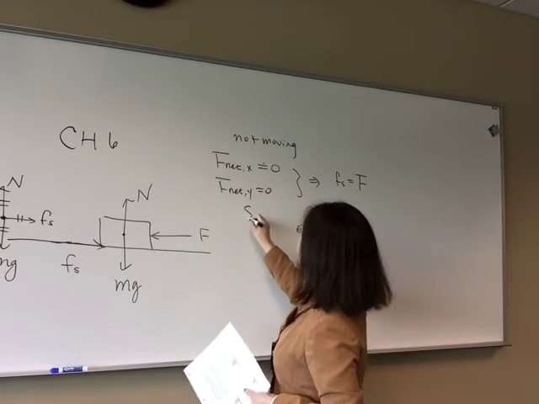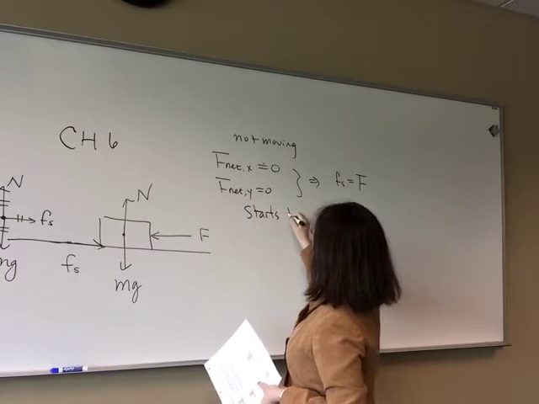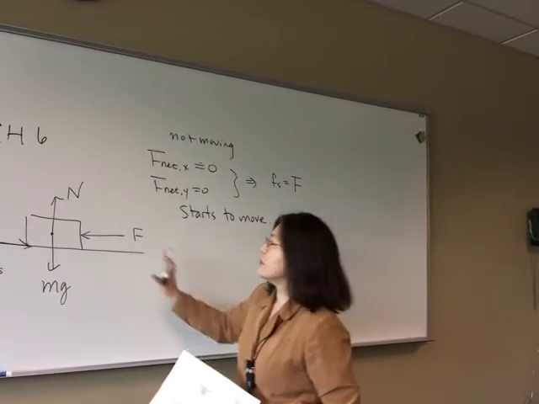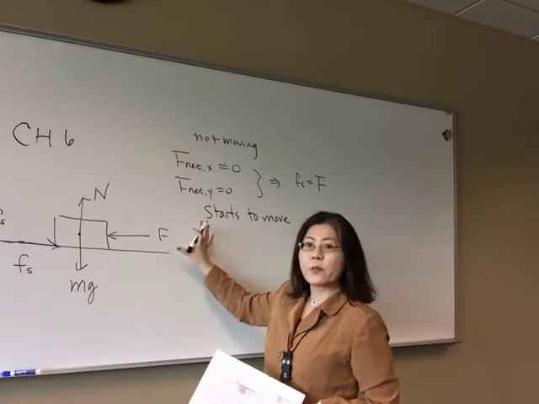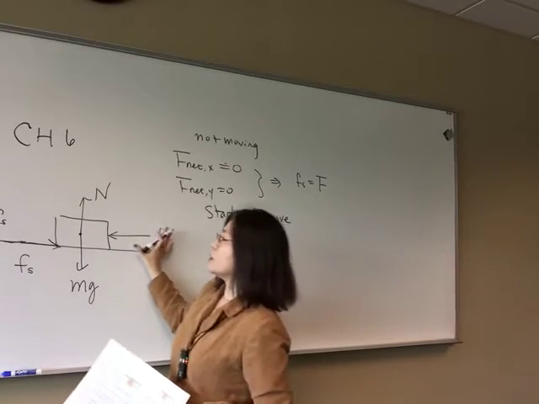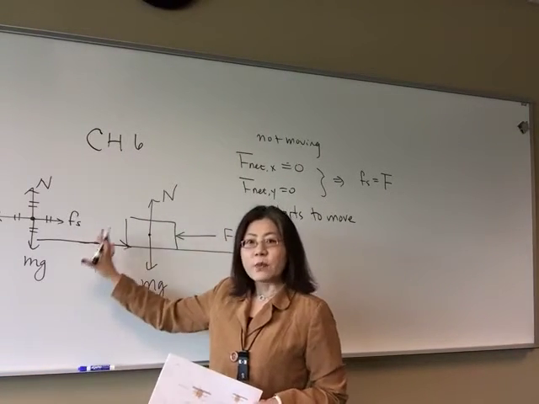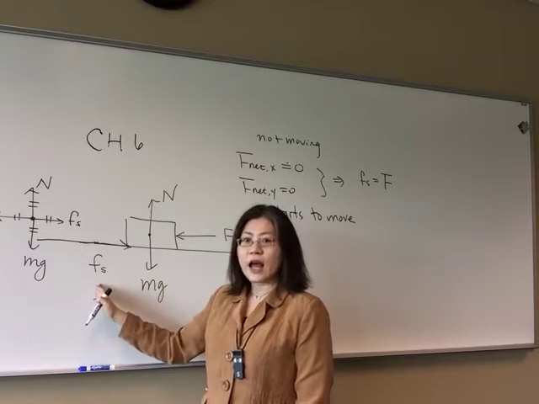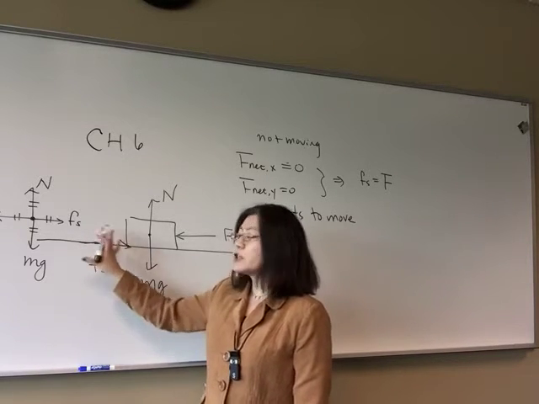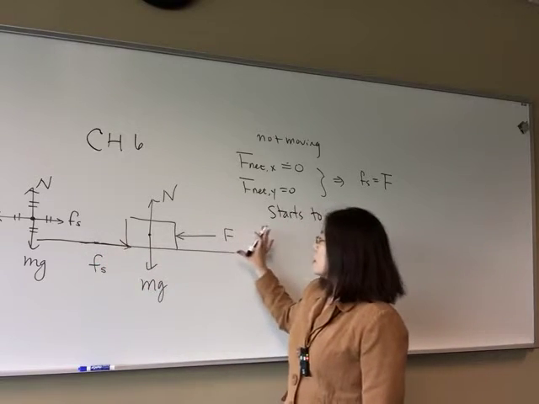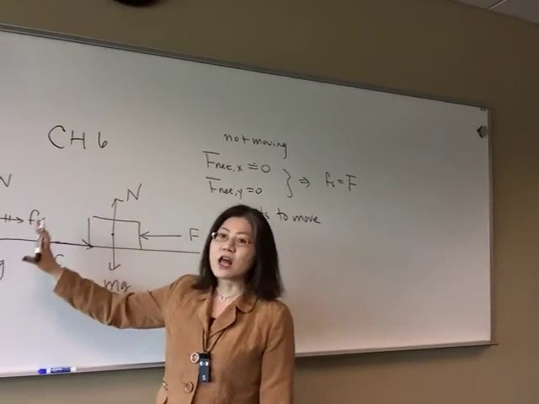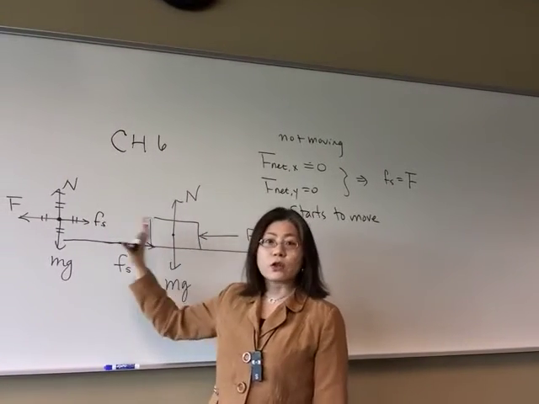When it starts to move, what does that mean? It means that this applied force has a magnitude that is equal to the maximum static friction. Because this is static friction, and there's a maximum static friction. As soon as the force is greater than the maximum static friction, the whole thing is going to start to move.